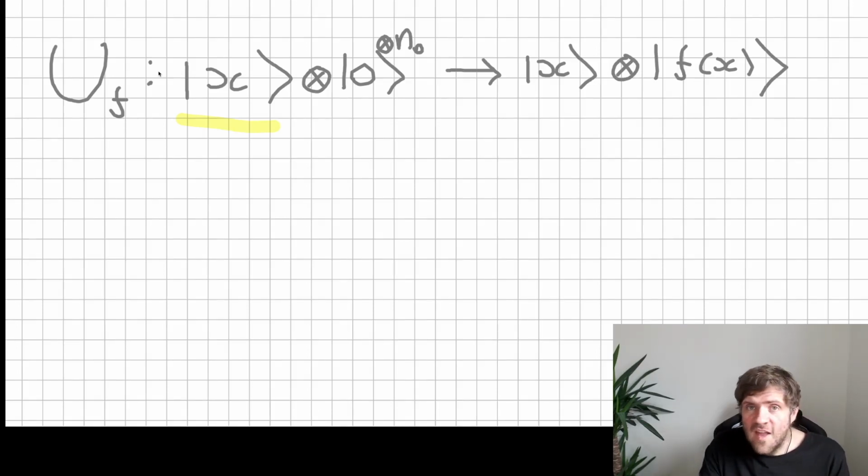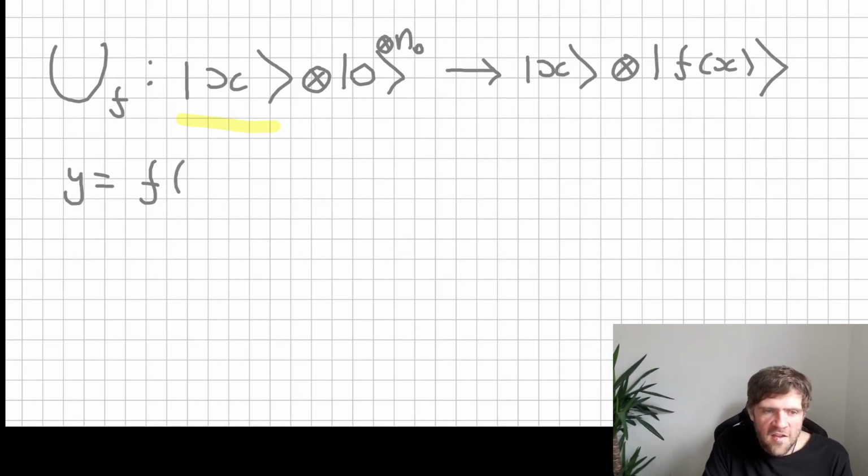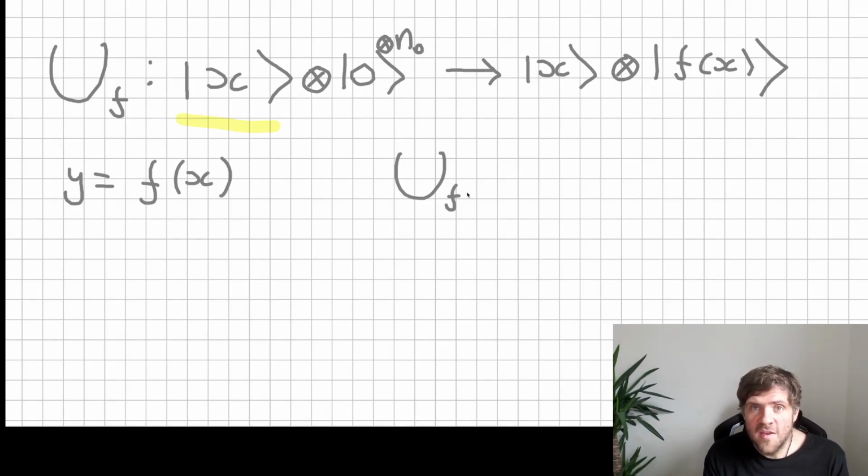If universality for classical computers means the ability to implement any function y equals f of x, giving us an output y for a given input x for a given function, then universality for quantum computers could mean to implement any unitary U_f, which is an n-qubit unitary acting to reproduce this function, to take a bit string expressed in terms of qubits and write down a corresponding output according to what this function is.